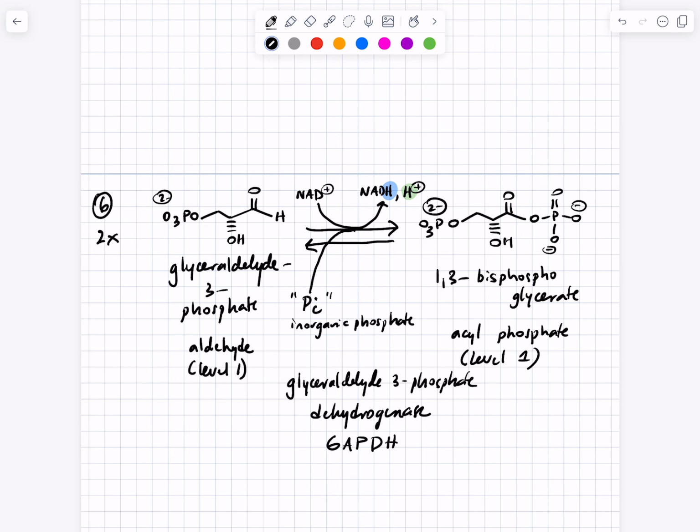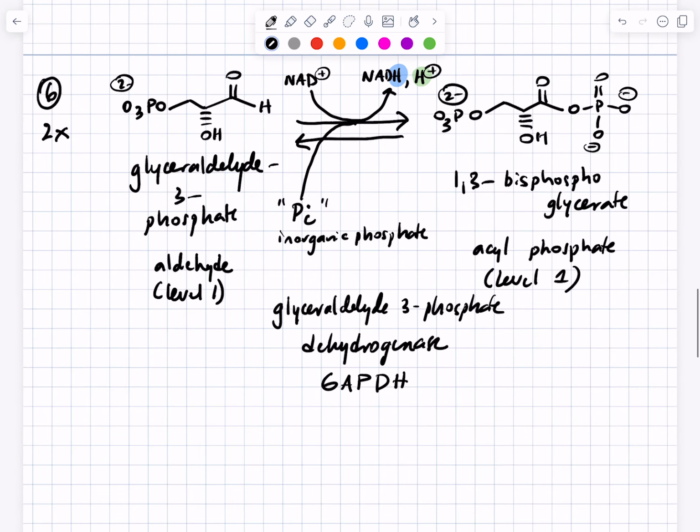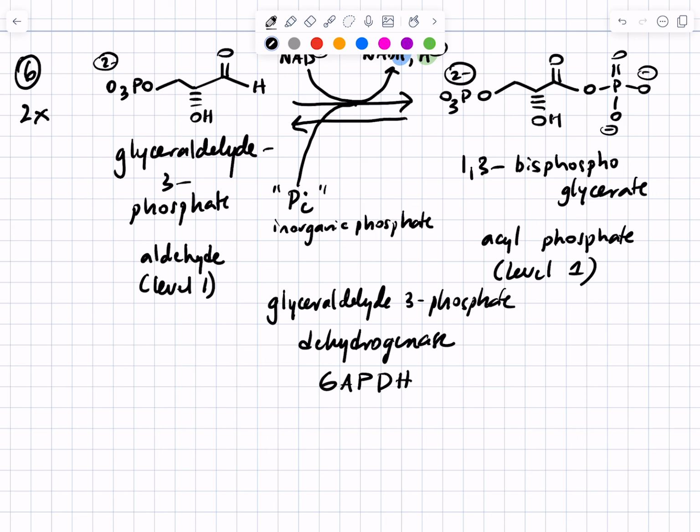All right, so let's talk about the mechanism of this one. It's kind of interesting. An active site cysteine residue in the enzyme, so remember the side chain of cysteine is just a thiol, attacks the carbonyl carbon of the aldehyde. Probably the enzyme deprotonates the cysteine as it is attacking.